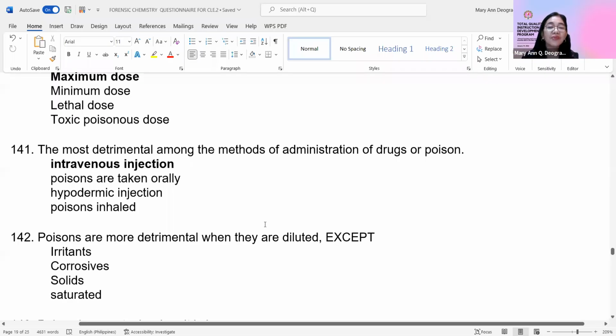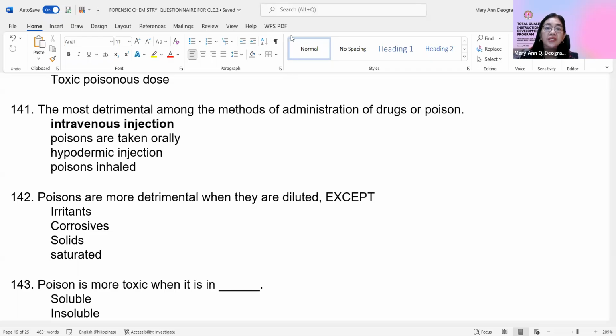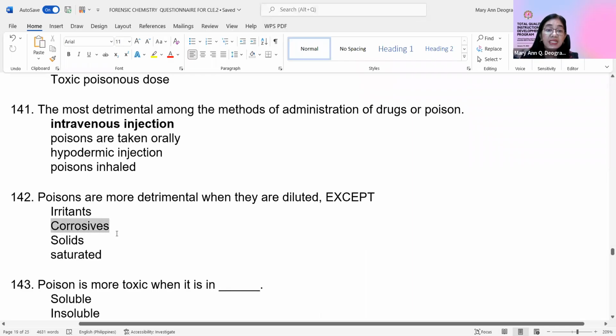Alright, poisons are more detrimental when they are diluted, except, alin dito yung pinaka-detrimental pag sobrang puro? Is it irritants, corrosive, solids, or saturated poison? Example ng corrosive. Ano example ng mga corrosive? Mga muriatic acid, gano'n. So, mas delikado muriatic acid pagka purong-puro.